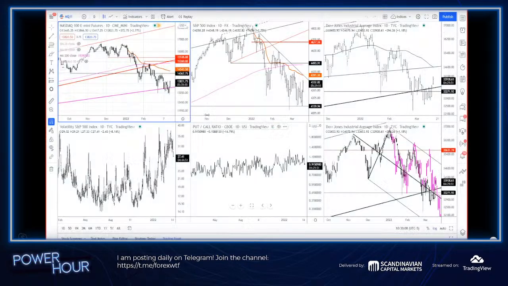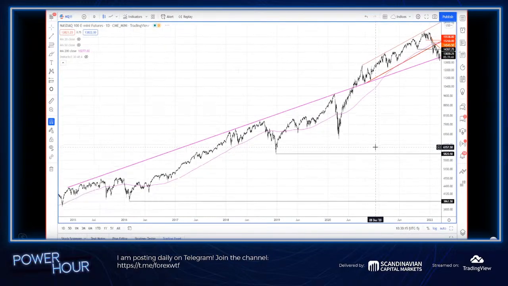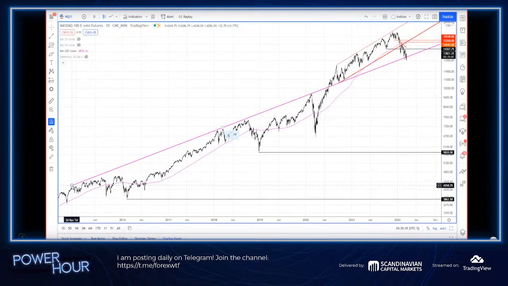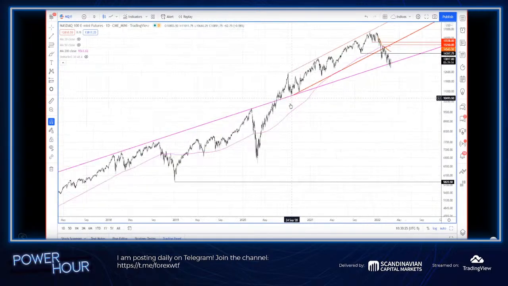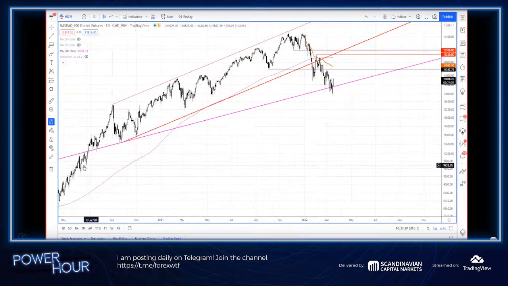All right, let's take a look at indices. So NASDAQ was the chart that we looked at and focused on last week because of this line back to the November 2014 highs that connects all these highs, right? 2018, 2020, then it became support.